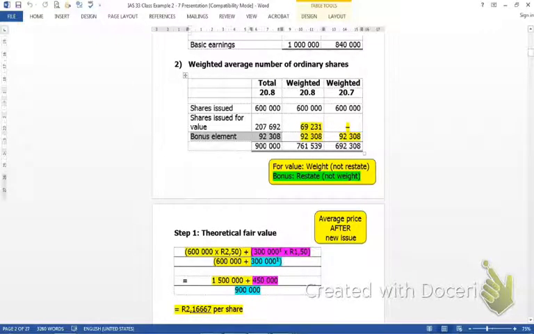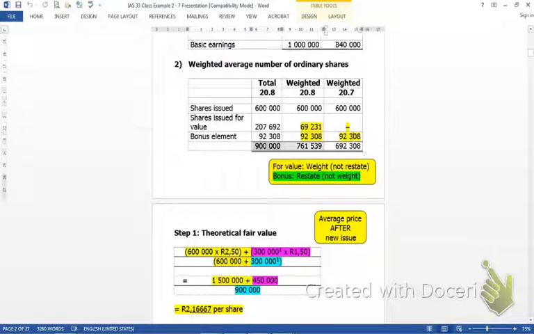These amounts must now be allocated, and they will be allocated straight to the current year and to the previous year, the prior year restatement. The full amount, we don't change that amount. You allocate the full amount in both of those columns. And that is why we have the 92,308 there.